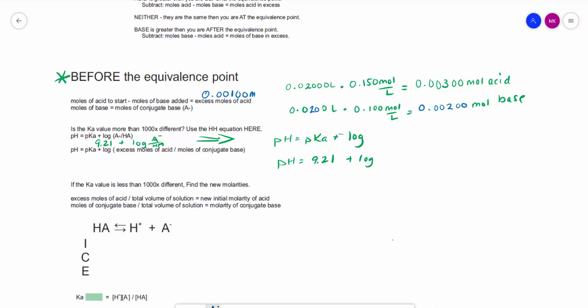moles of acid I have is now 0.00100 moles of acid. The moles of my conjugate base are still going to be equal to the moles of my strong base, but now it's 0.00200 moles.